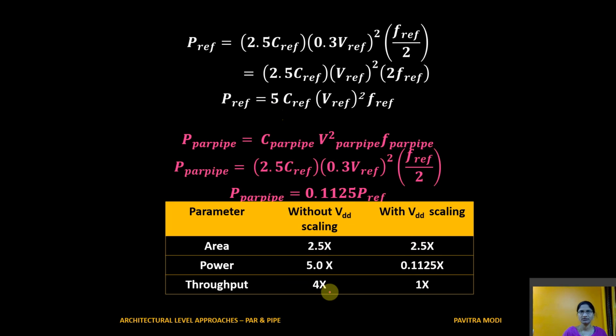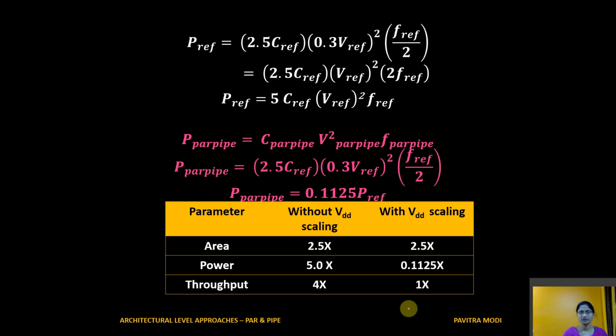Because we have introduced parallelism as well as pipelining, and here we haven't gone for any scaling. If you will be just going with 2F, fine, and we have again pipelining, and here it's going to be 1 time. Fine. Therefore, of all the 3 architectural approaches, your pipelining is said to be the better one.